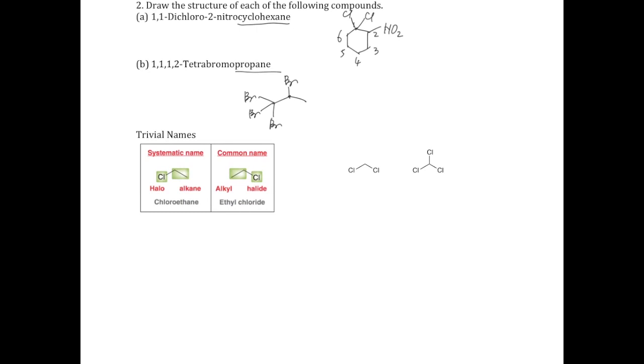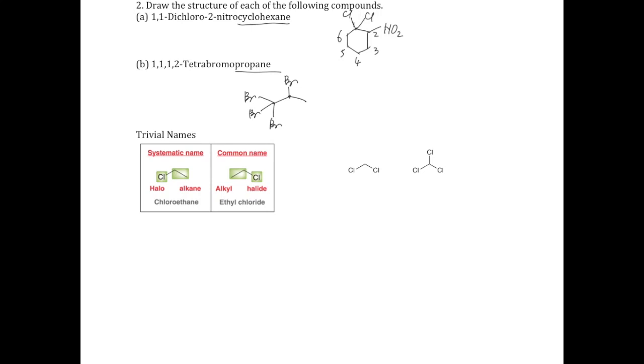Alright, trivial names. Trivial name or common name. So far we've been naming halogens as a substituent, like identify the alkane part or alkyl part as the parent, and then halogens are named as substituents. So it's haloalkane, chloroethane.